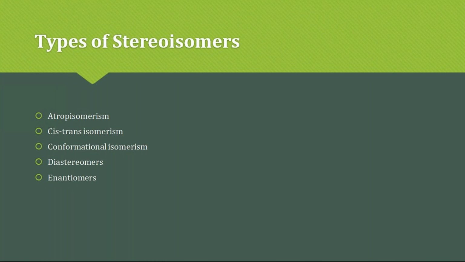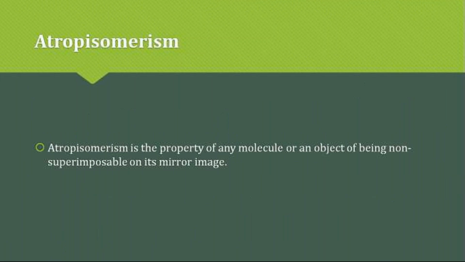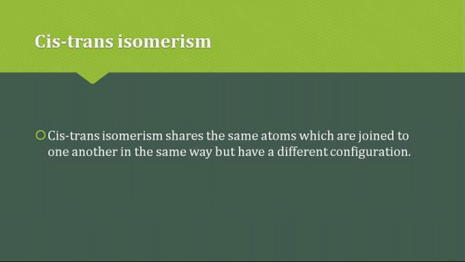So similarly, we have different stereoisomers like atropisomerism, cis-trans isomerism, conformational isomerism, diastereomer, and enantiomer. So if you see what is atropisomerism, it is the property of any molecule or object of being non-superimposable on its mirror image.